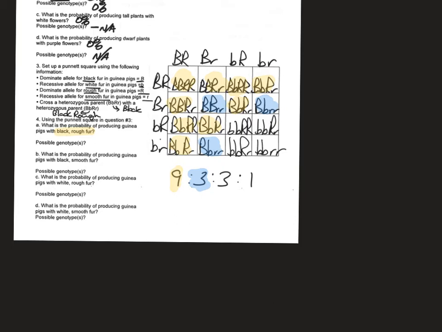In other words, white being little b, and rough being a big R. There's 1, there's 2, and there's 3. So 3. How many of these are white and smooth? Only 1. Do you see that? Yes or no? All right.